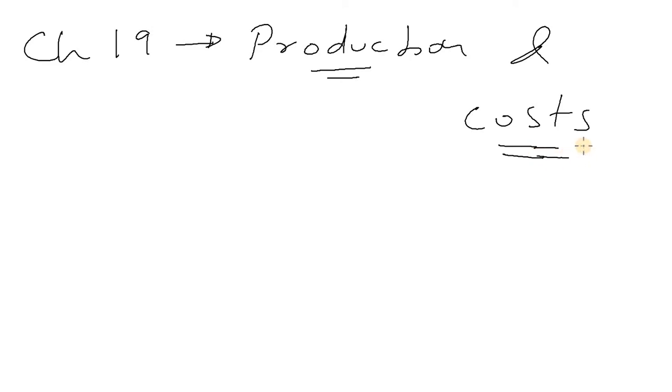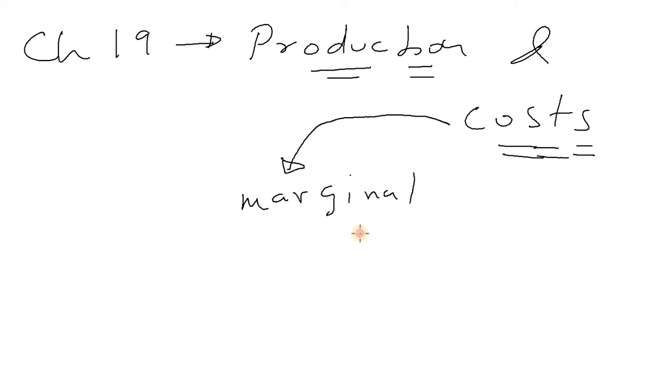Because of these, the business will incur some costs. So that is how the concept of production and costs are connected. In the last lecture, we looked at a very specific kind of cost, which is called marginal cost. So let's abbreviate it using MC.